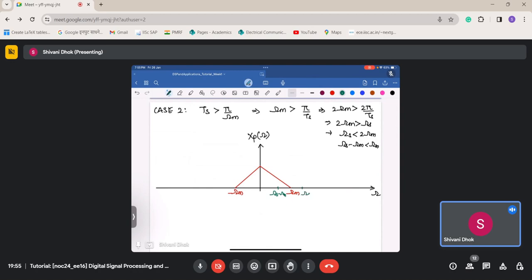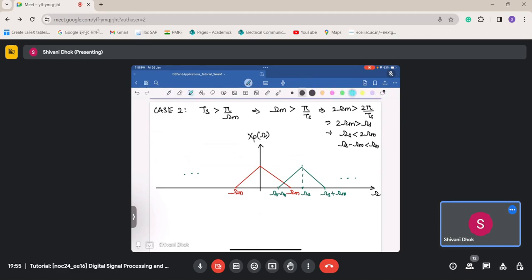So this is omega s and this is omega s plus omega m. It will be something like this, and it will be repeated in both directions.